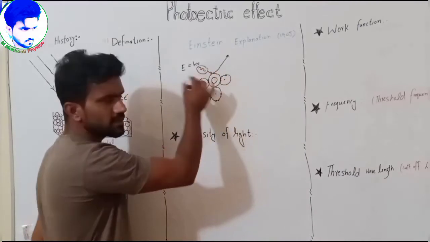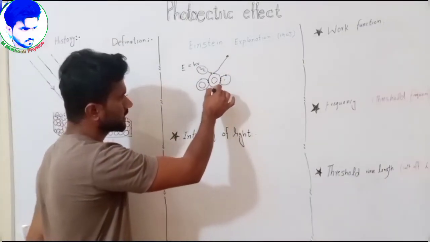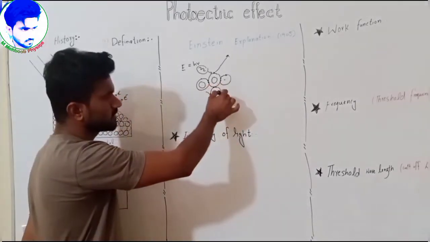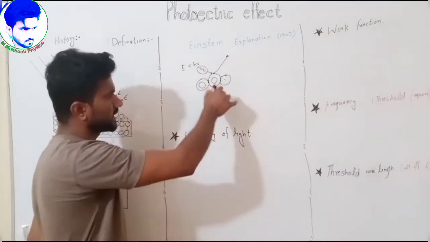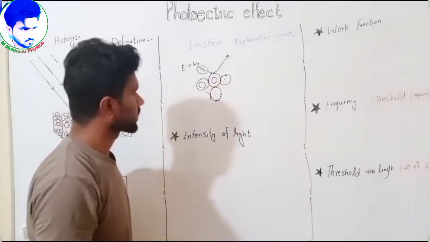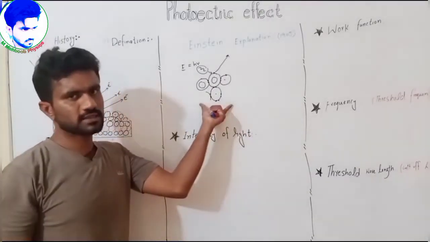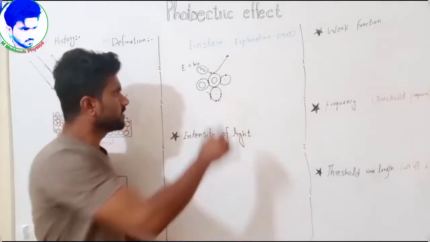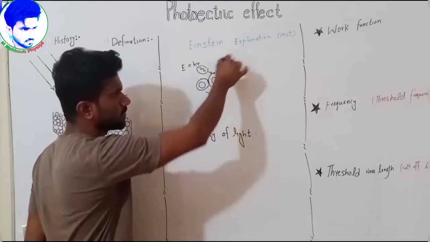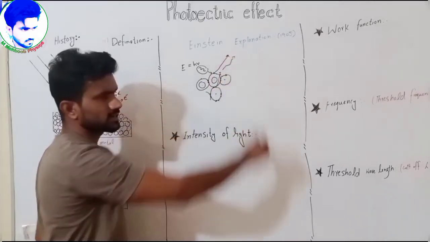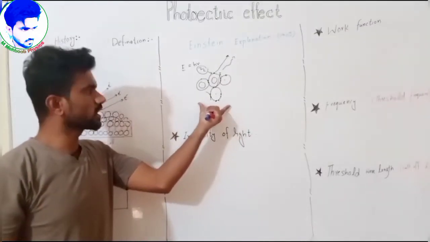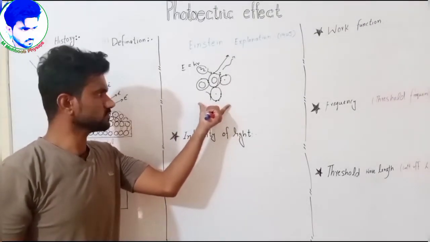And when the same light photon is absorbed by this electron, which is bonded with other atoms, this electron also faces opposition from the other electrons. When these electrons come to that place, become free and eject from that metal surface, most of the energy is used to overcome the binding forces.